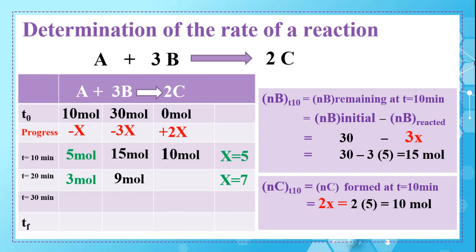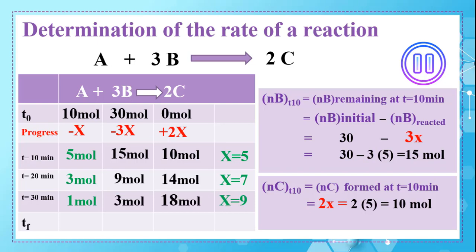And the number of moles of C produced will be 2x equals 14 moles. Now, at t equal 30 minutes, there is only 1 mole of A left. Please pause the video and take 1 minute to fill the table for t equal 30 minutes. Your answers should be equal.